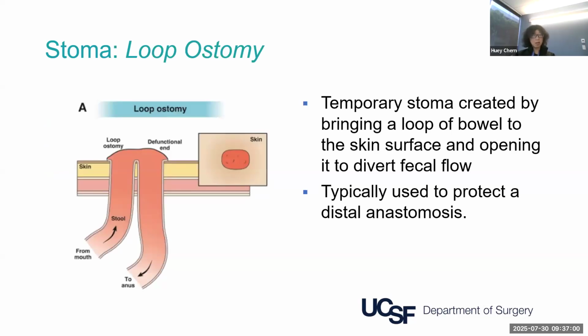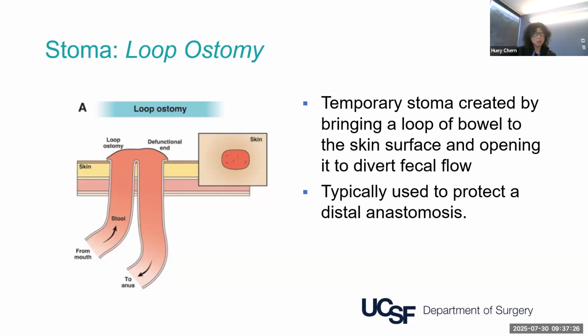So this is a loop stoma. That just means we bring up a loop of either colon or small bowel, and we mature both ends. When you look at the stoma at the surface level, you may be able to see two separate openings, one going to the proximal end, one going to the distal end.